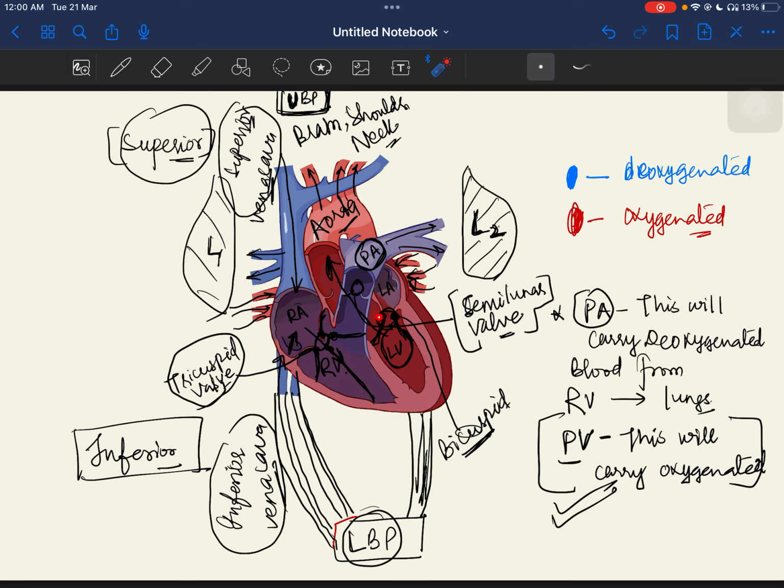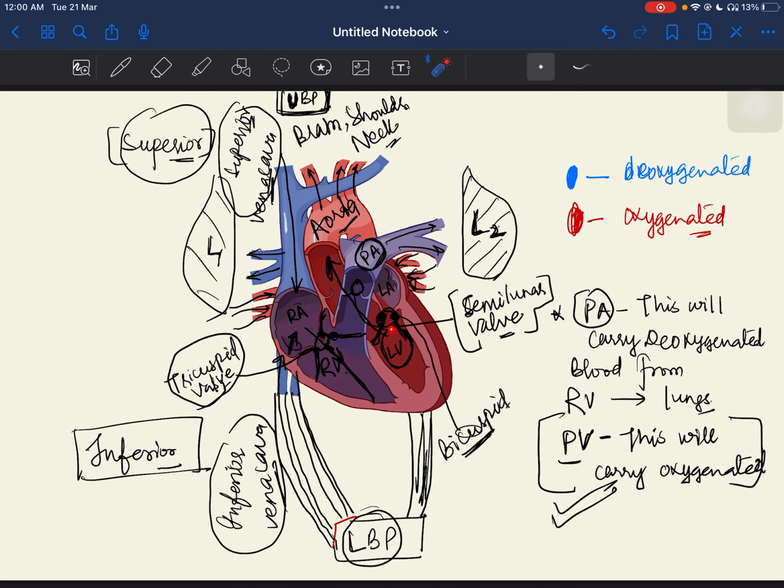This is the bicuspid valve. Why bicuspid? Because the chorda tendineae, these two structures, are attached to the bicuspid valve from two ends. That's why it is called the bicuspid valve. Okay, what is the work of the bicuspid valve? It will prevent the backflow of the blood from the left ventricle to the left atrium.